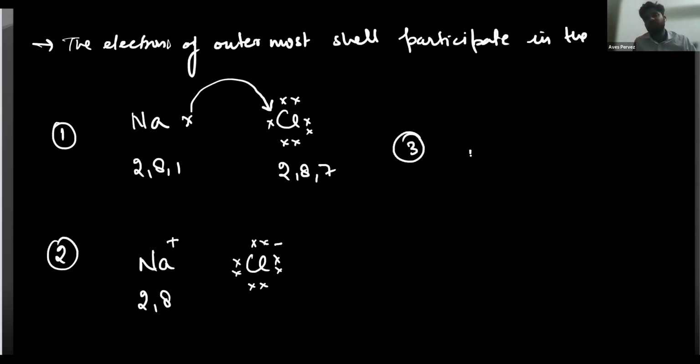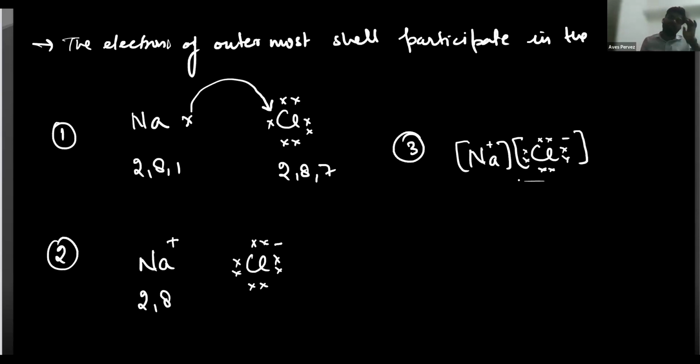The third step is to write Na with 1 positive charge, and Cl with 8 outermost shell electrons and 1 negative charge, and this is NaCl. Got it? Yes, sir. Please note it down. You have to represent this and not miss any of it.